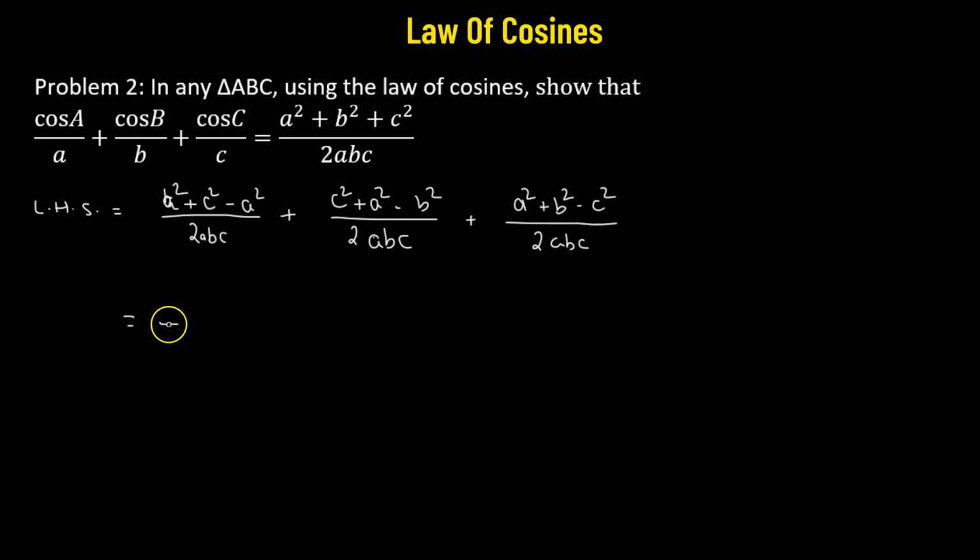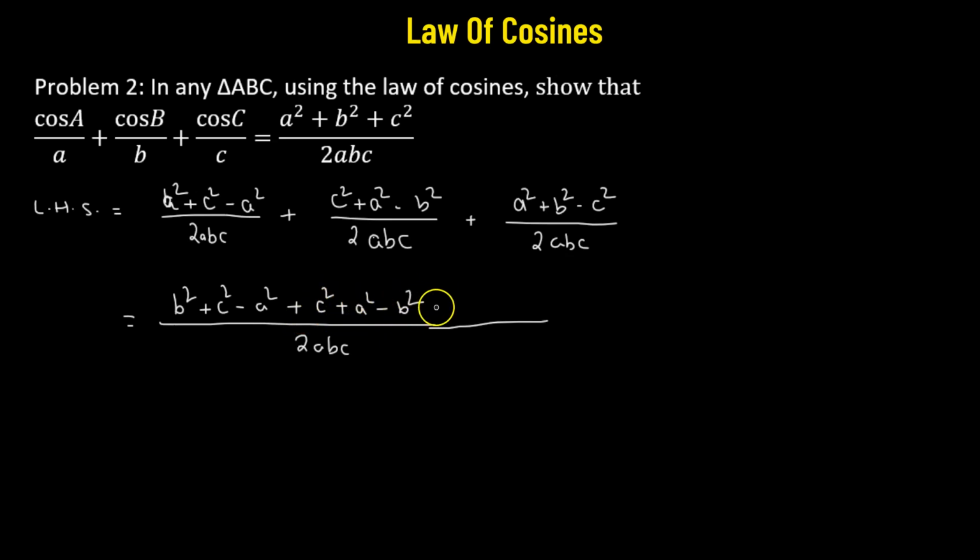Since we have a common denominator, we can combine the three fractions. So we get 2abc as the common denominator. In the numerator, we have b squared plus c squared minus a squared, added to c squared plus a squared minus b squared, and plus a squared plus b squared minus c squared.